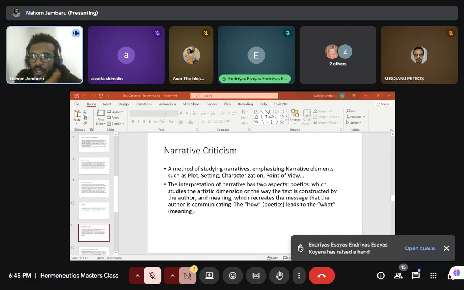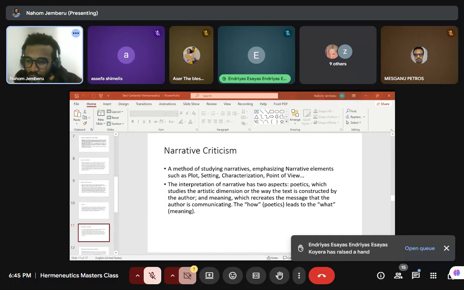It tries to understand the setting of a text. For example, if you are asked to do narrative criticism on a certain topic, I believe I gave this assignment to last year's students. They tried to understand the plot of the story, the setting, how characters are developed.